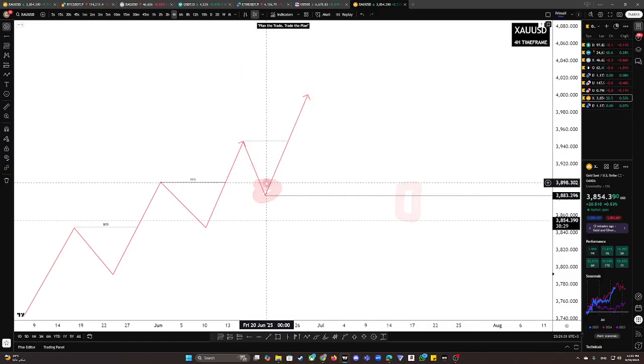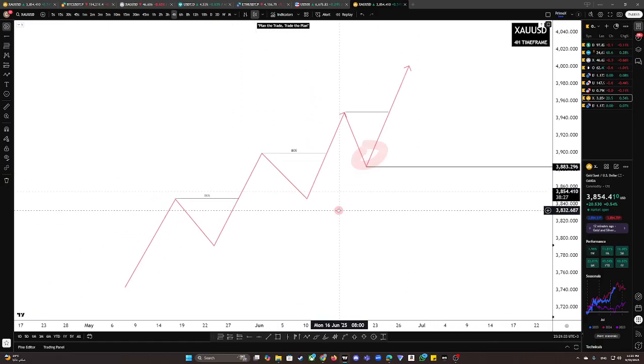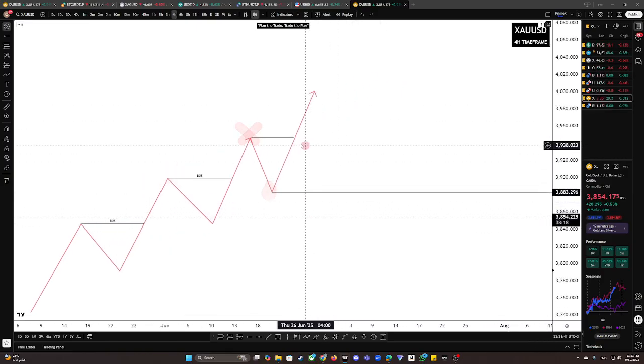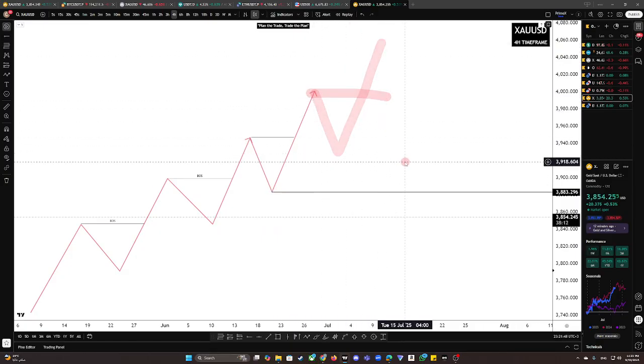Because why? Because lows here are in control of the market. As you can see, the lows keep on breaking the highs. This low also broke this high, this low also broke this high, which means that the predictions and the order flow objective is to keep going into this trend.